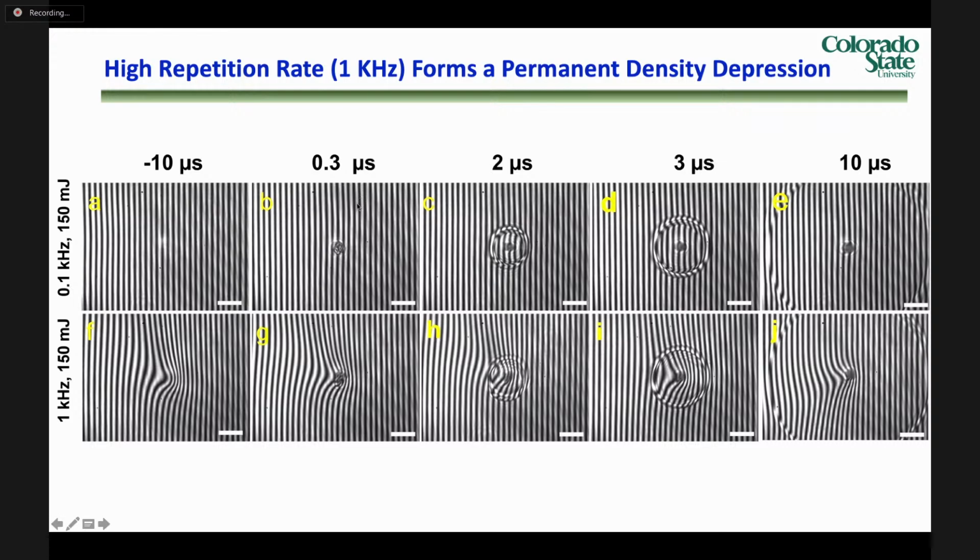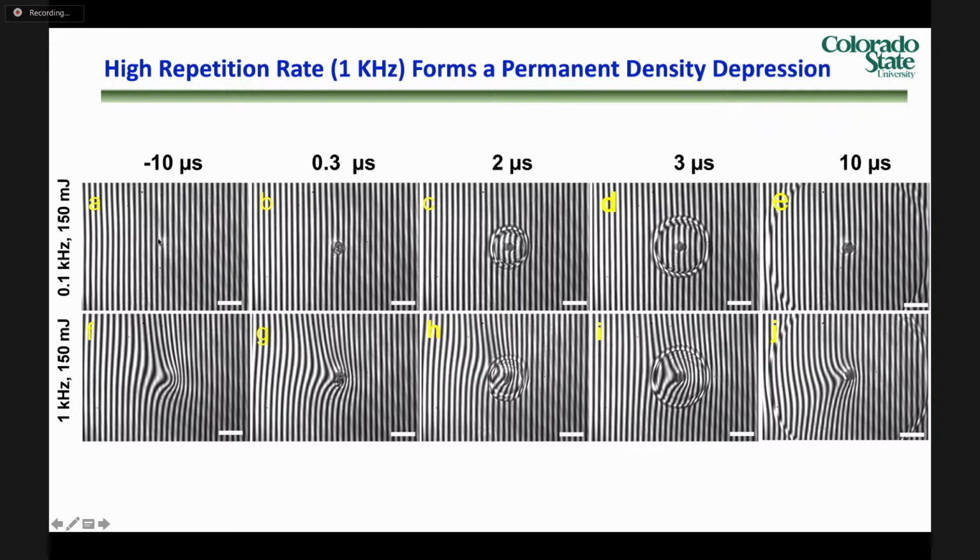So this is 0.3 microseconds, 2 microseconds, 3 microseconds. You see the filament channel and then an expanding shock wave that is created. In particular, I want to call your attention to the interferogram taken 10 microseconds prior to the arrival of a laser pulse, meaning that at 100 hertz, there are 10 milliseconds after the previous pulse. And one can see that the air has practically completely recovered by the time this pulse arrives.